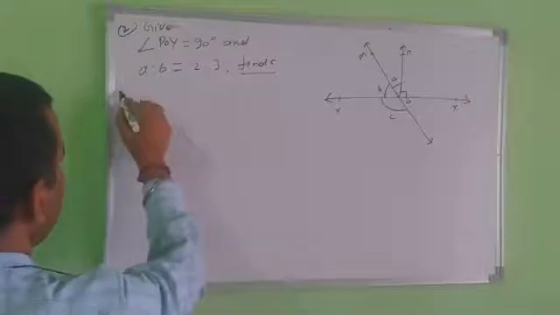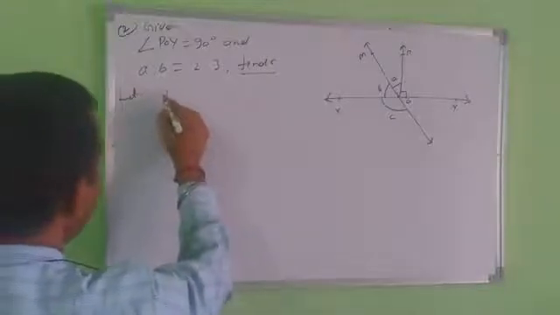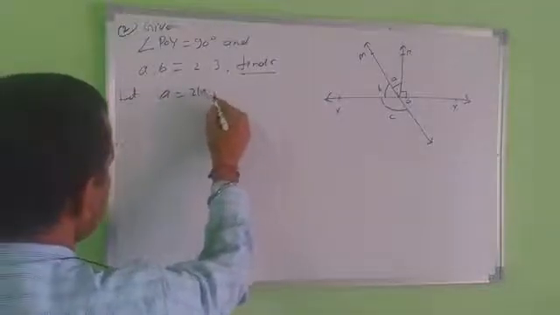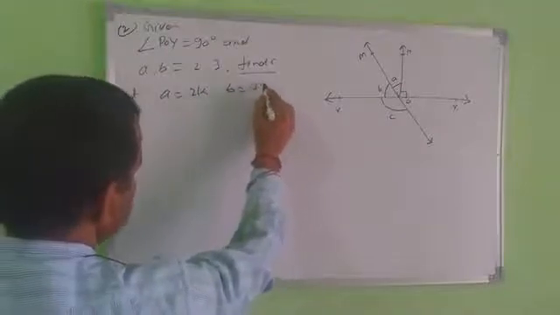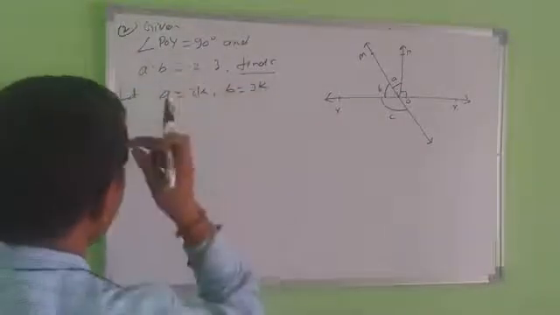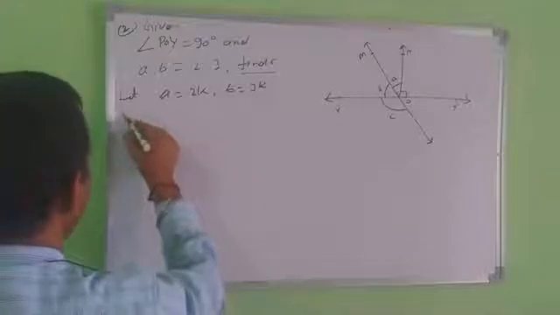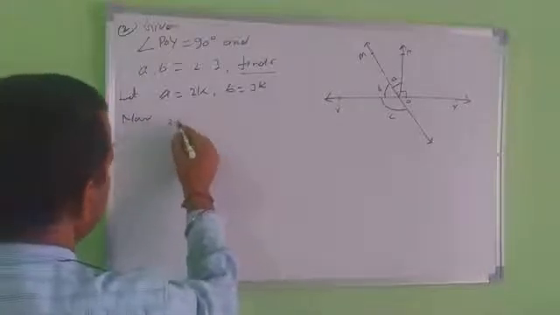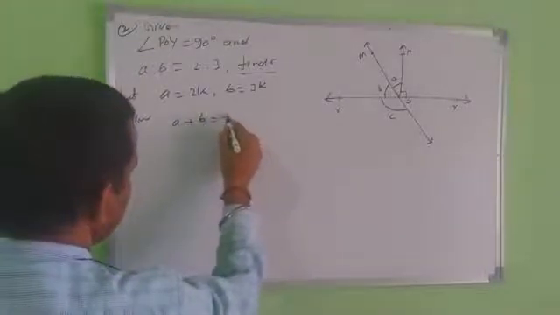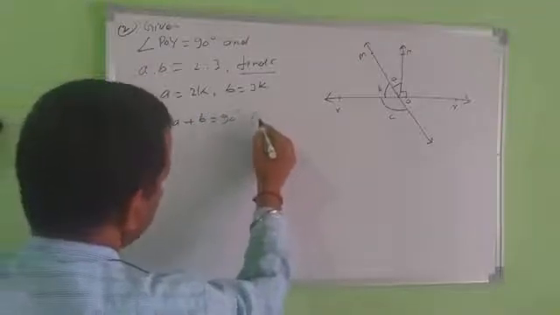So now let angle A equal 2K and angle B equal 3K. Suppose this is given in the ratio. So now angle A plus angle B equal to 90 degrees. This is given.